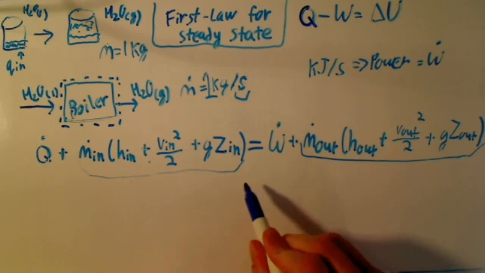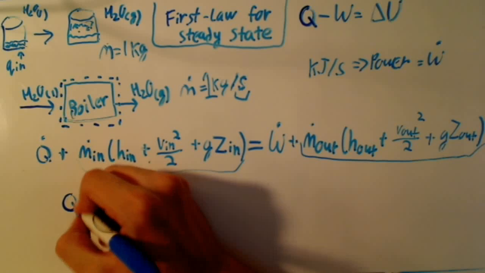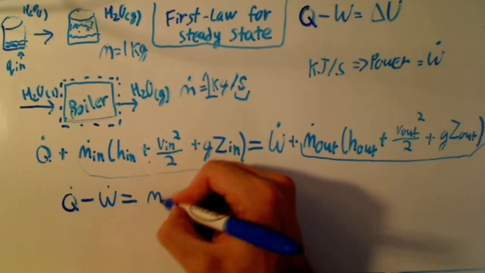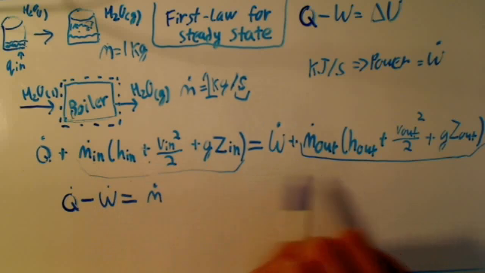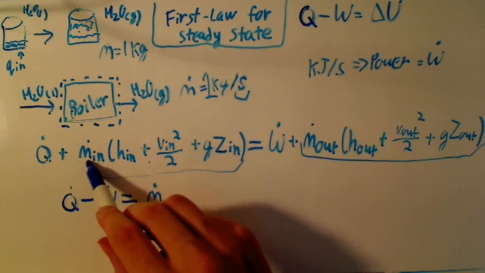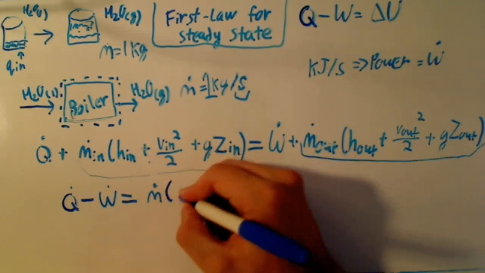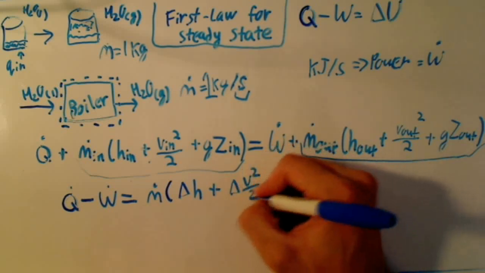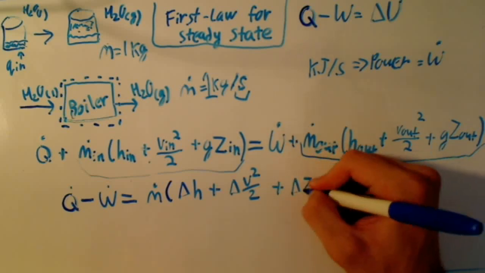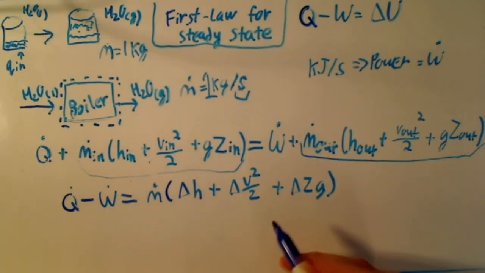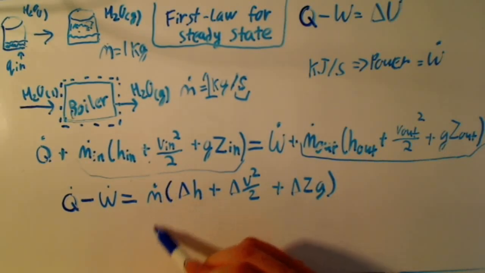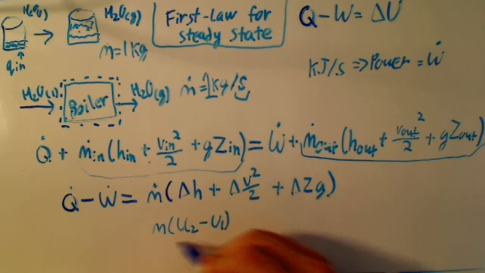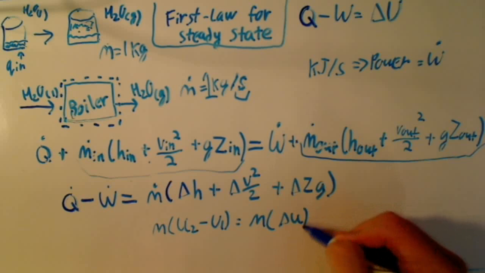So we can rewrite this equation as Q dot minus W dot equals the mass flow rate, because mass in and out equal each other, so we can just condense it as one variable, times delta h plus delta V squared over 2 plus delta zg, which is analogous to the U2 minus U1, which is just m times delta U that we were doing before.